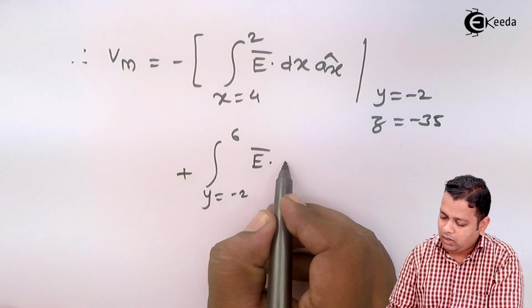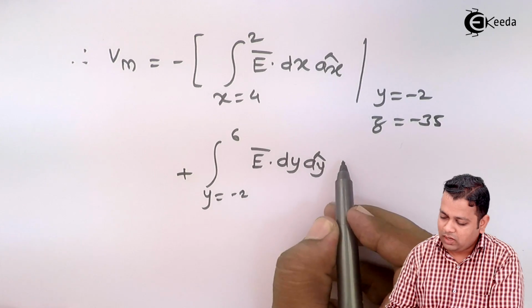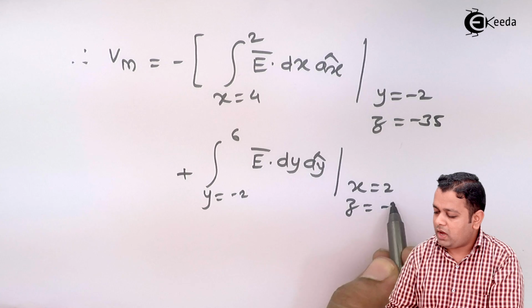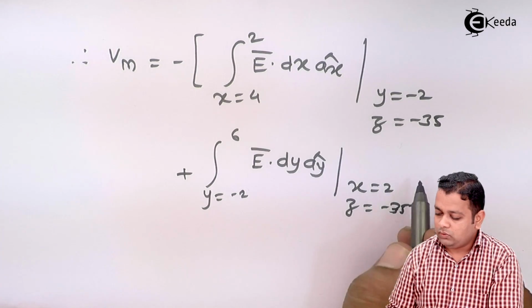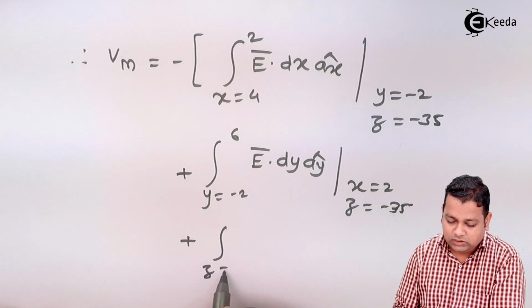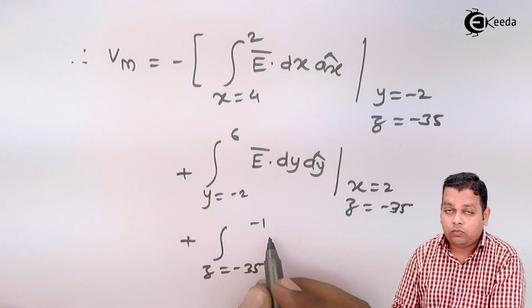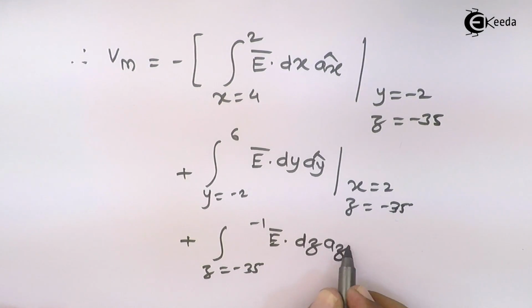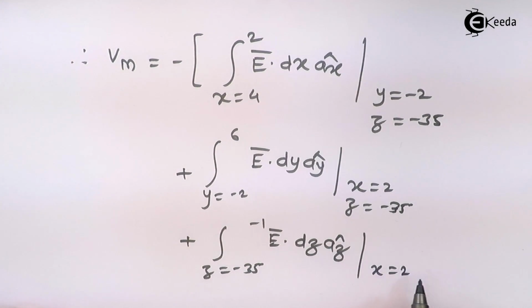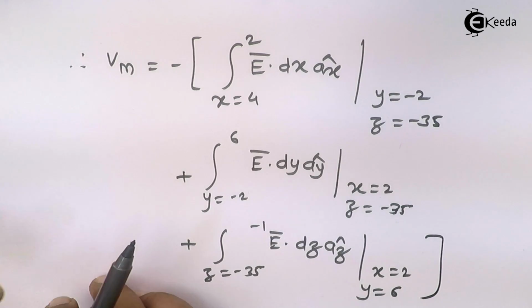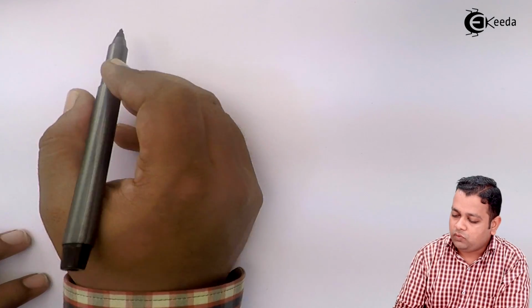It will be E dot dy a_y, provided that x is equal to constant value 2, z is equal to -35 constant value. Now the third term involved will be having the integral z is equal to -35 to -1. It will be E dot dz a_z, provided that x is equal to 2 and y is equal to 6 here.